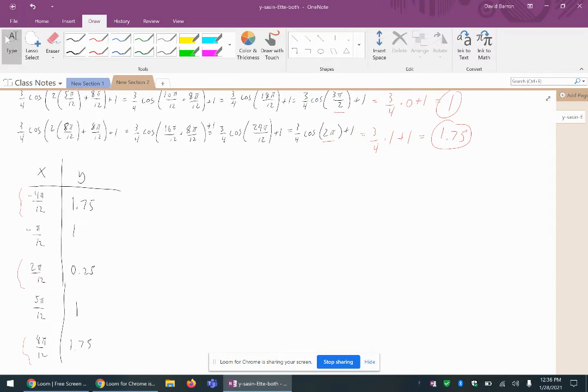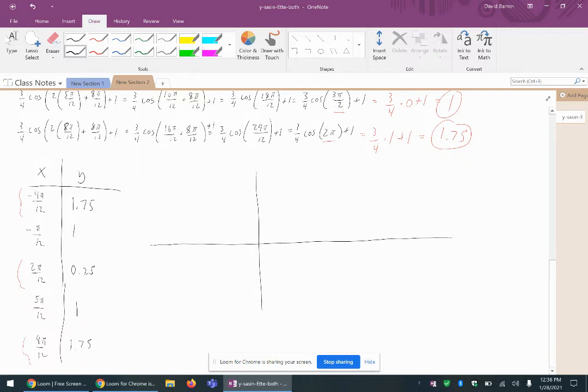So now we are ready to graph this. So my tick marks that I need to put on the horizontal axis are evenly spaced by twelfths, 3/12 in particular. But let me go ahead and just plop twelfths on here.